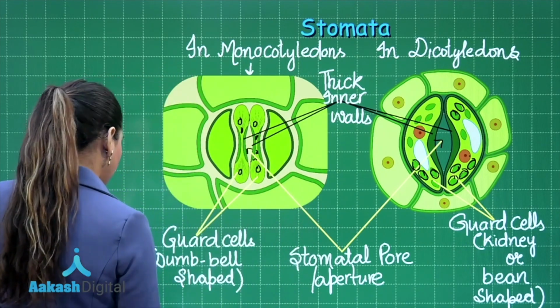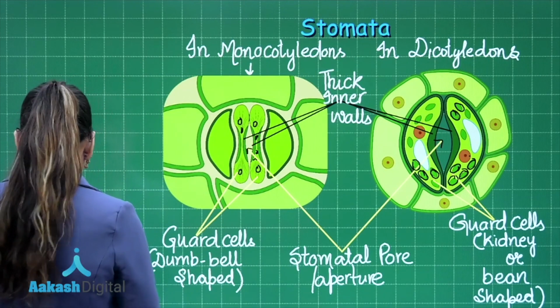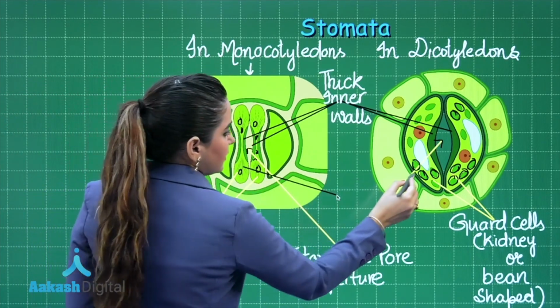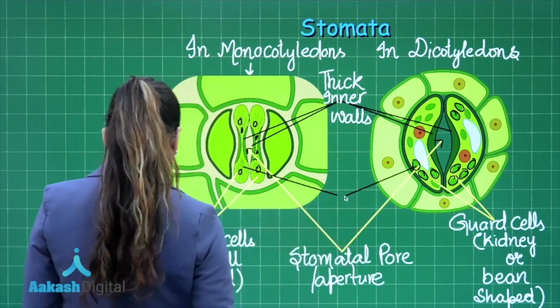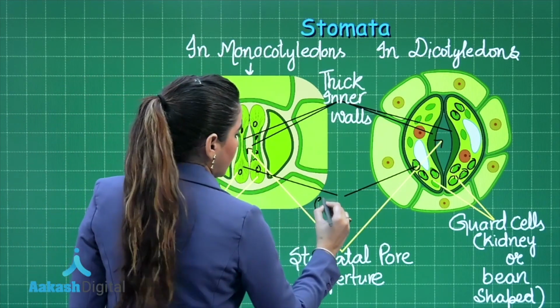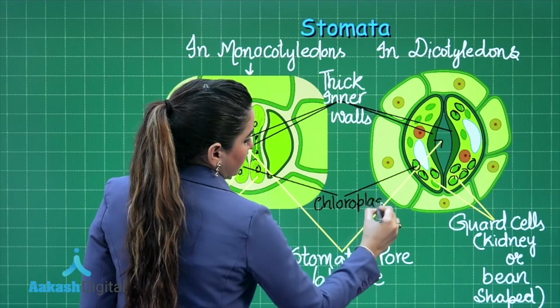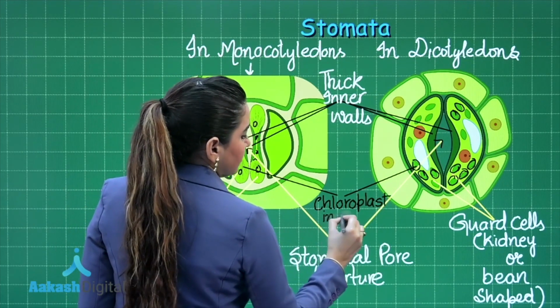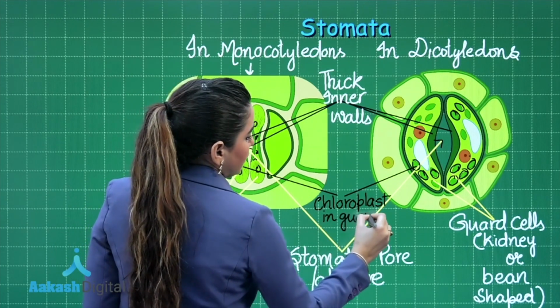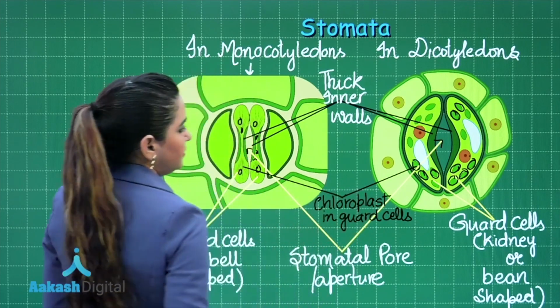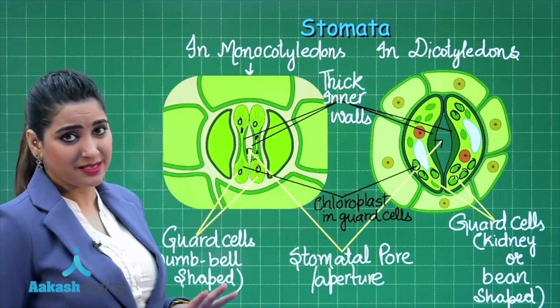So I should write down here one more common feature which is common in both of them, that is that chloroplast is present in guard cells, be it a guard cell of monocot, be it a guard cell of dicot. That doesn't make a difference. I hope it is clear to you.